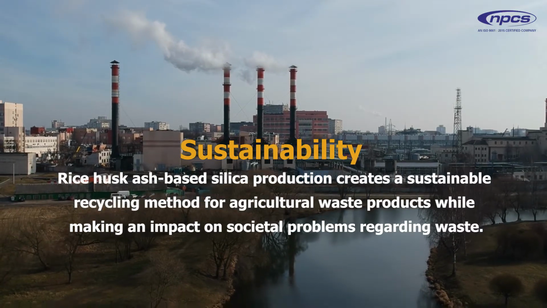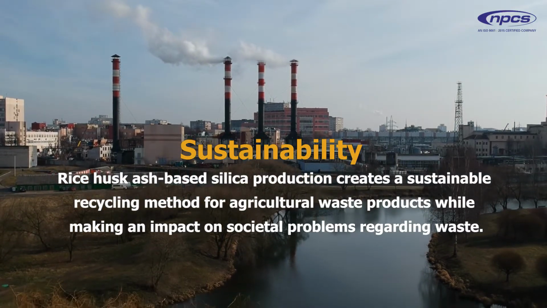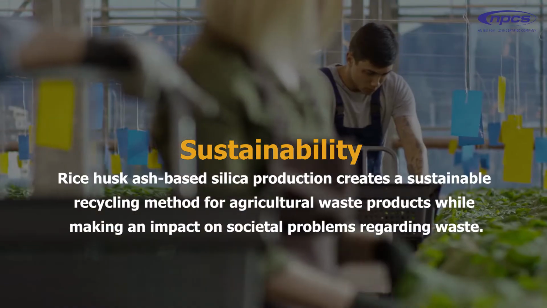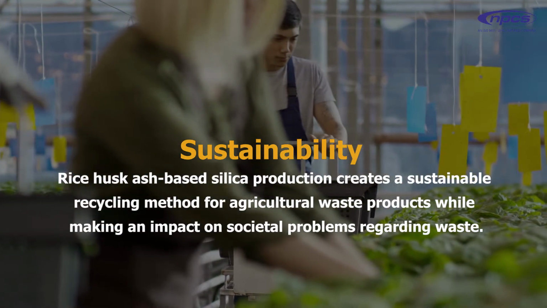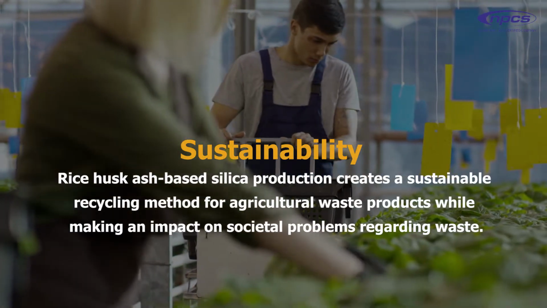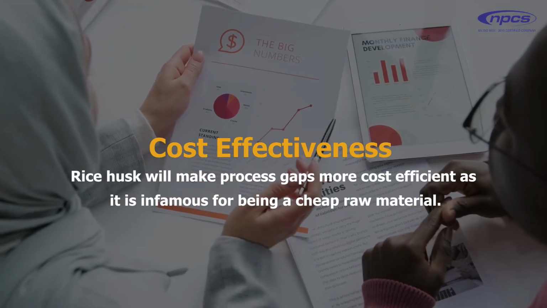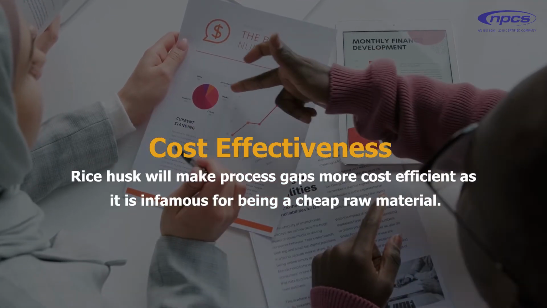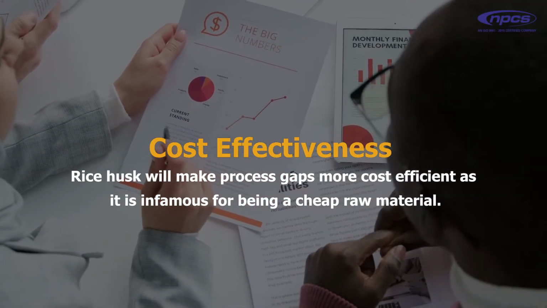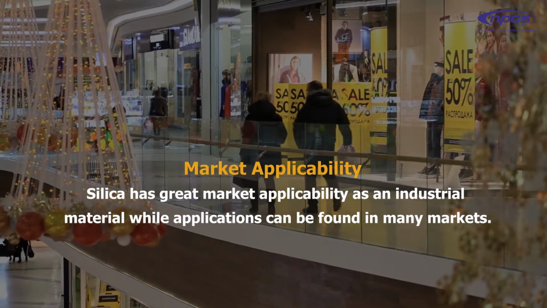Utilization of silica manufacturing from rice husk ash. Sustainability. Rice husk ash-based silica production creates a sustainable recycling method for agricultural waste products while making an impact on societal problems regarding waste. Cost effectiveness. Rice husk will make the process more cost-efficient as it is known for being a cheap raw material. Market applicability.